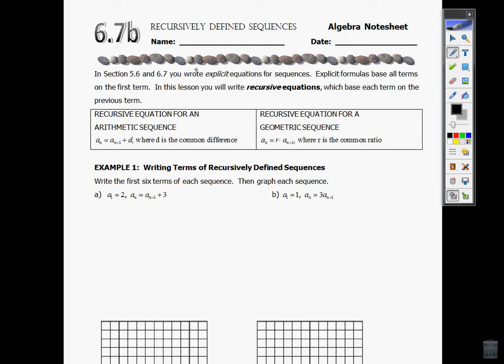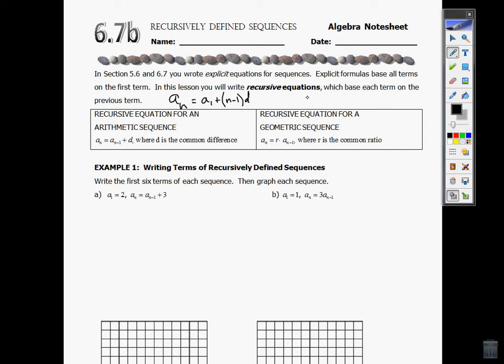We were already writing what are called explicit sequences, which if we can kind of just go back to that for a second, the explicit equation for an arithmetic sequence that we had used before was our term that we're looking for, a sub n, will be equal to the first term, a sub 1, plus, in parentheses, n minus 1 times the common difference.